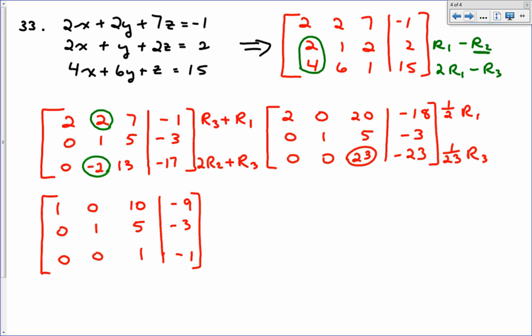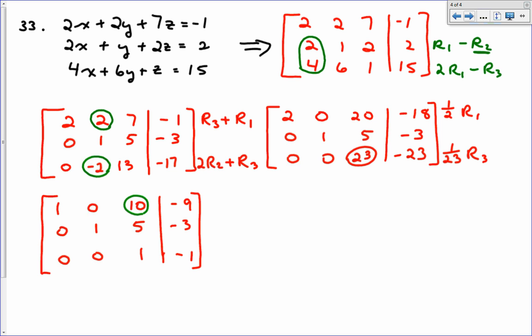All right, so now the piece I want to get rid of is this 10 in row 1. If I use row 2 to get it, I'm going to end up messing with that 0 in the second column.